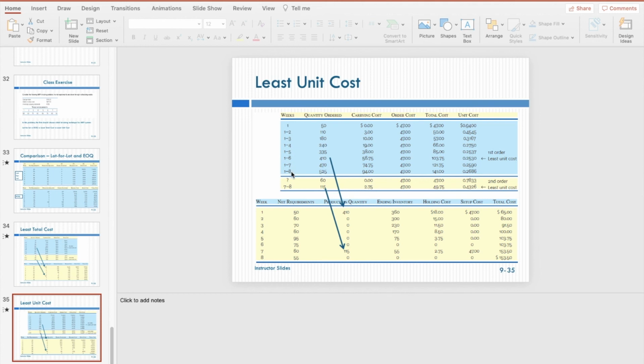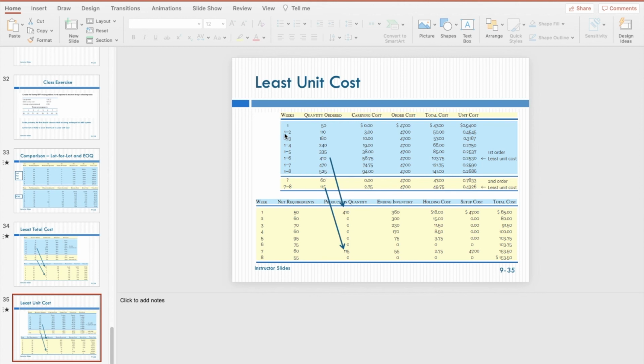Let me lead you to look at the whole pattern, the whole picture. Still, at the beginning of week 1, you have basically 9 different options. You can only order for week 1, or you order at the beginning of week 1 an amount that is required for the first 2 weeks, or first 3 weeks, or first 4 weeks, until first 8 weeks. So this will be the corresponding quantity ordered.